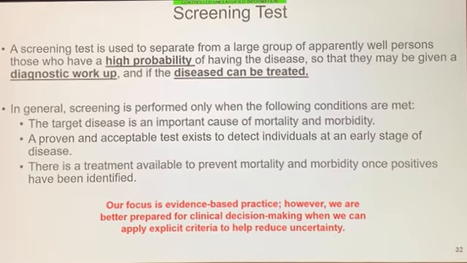There are certain criteria that screening tests must have. They must be able to diagnose a serious condition that has a moderate to high sickness and death rate, and it has to be a condition that they have a treatment for in the early stages.